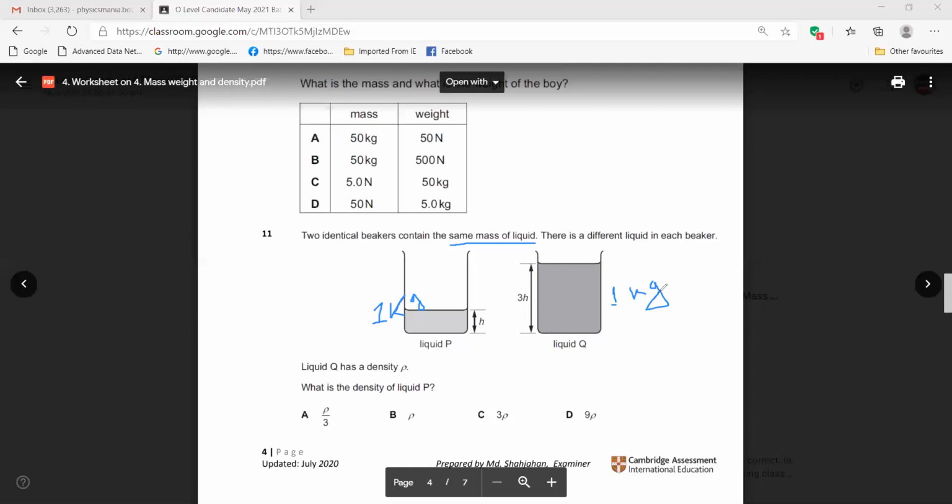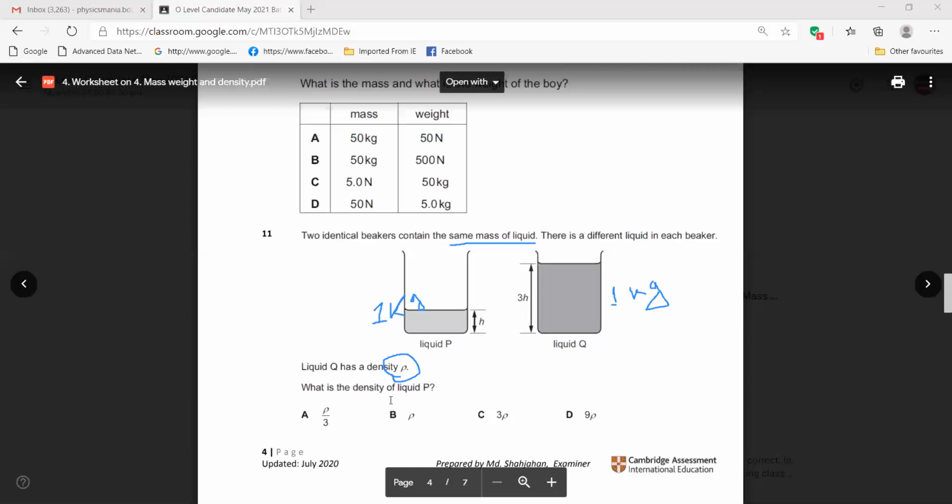Yes, liquid P. Now they are asking you: liquid Q has density rho. If liquid Q has density rho, then what will be the density of liquid P? It should be more than Q, right?